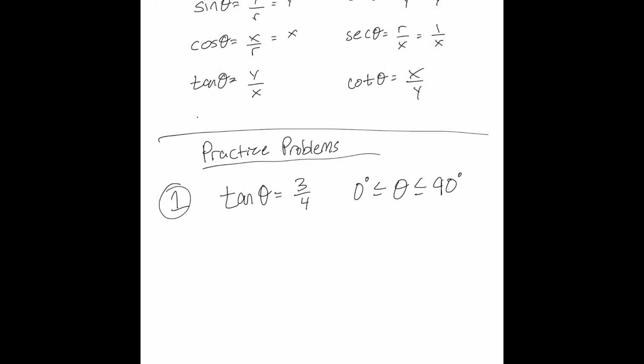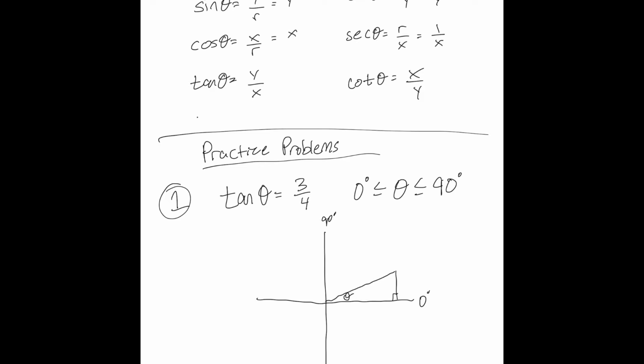All right, let's look at these practice problems. Number 1, tangent is 3 over 4, and it tells me theta is between 0 and 90 degrees. Here's 0 degrees, 90 degrees. Let's draw an angle and make it a right triangle. Put theta here.